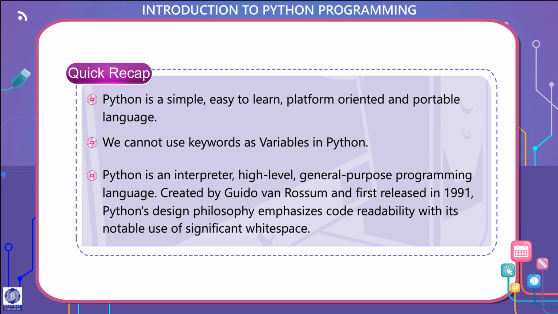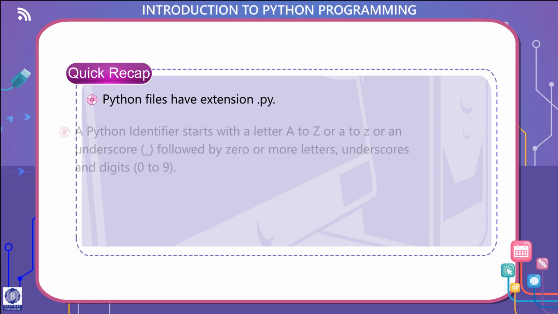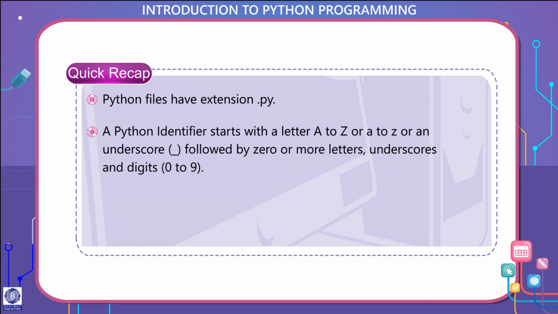Python's design philosophy emphasizes code readability with its notable use of significant white space. Python files have extension .py. A Python identifier starts with a letter A to Z or a to z or an underscore followed by zero or more letters, underscores and digits 0 to 9.